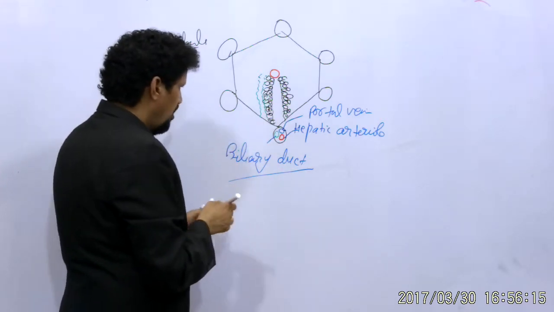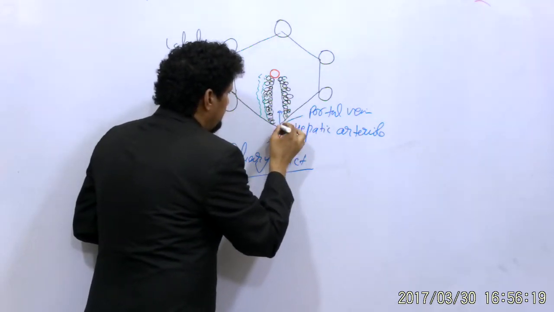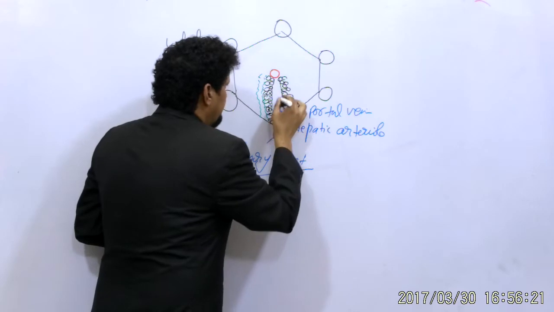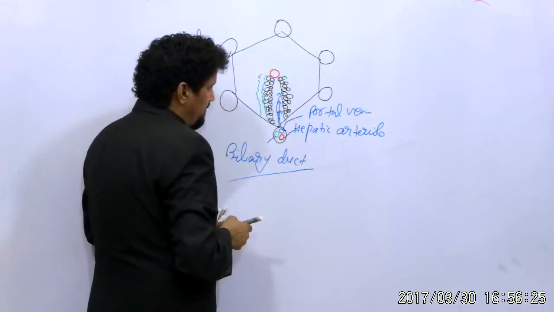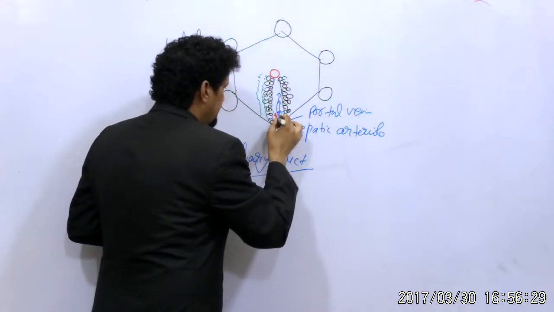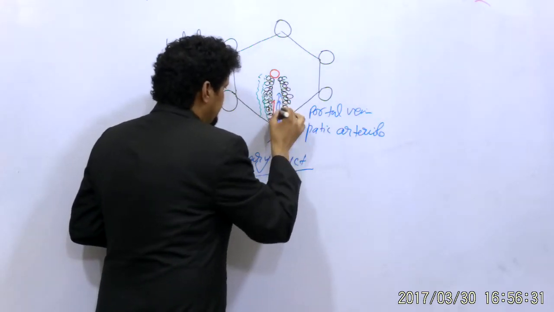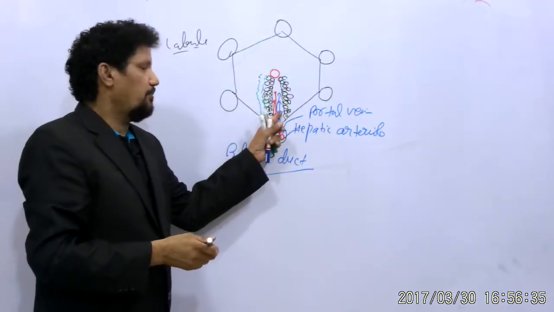So, blood from the portal vein is entering the hepatocytes. Blood from the hepatic arterial component is also entering the sinusoid. So, this is the space of the liver.